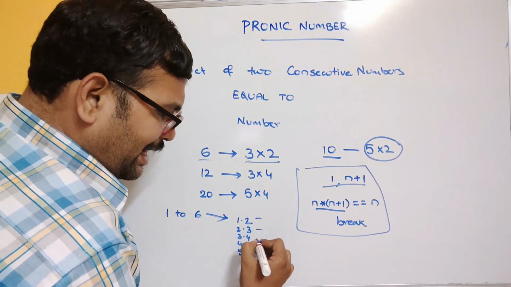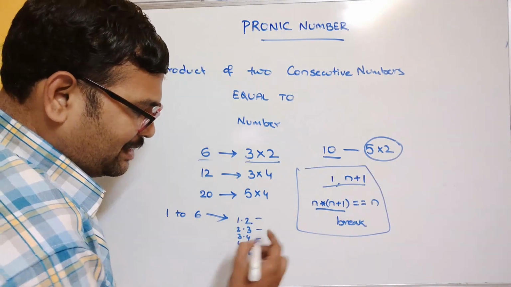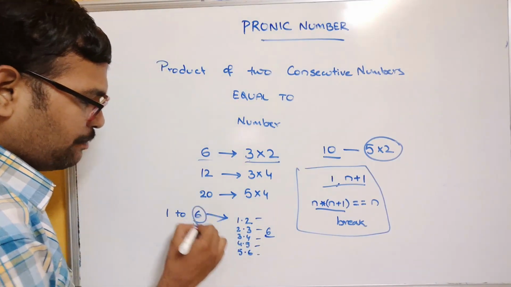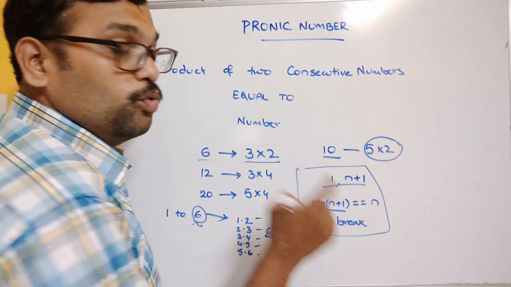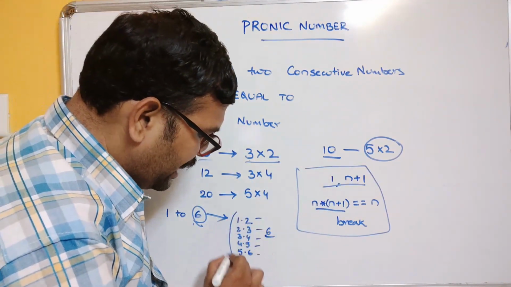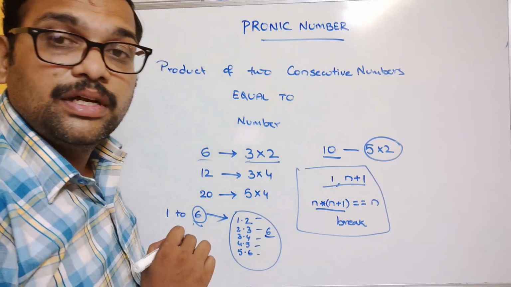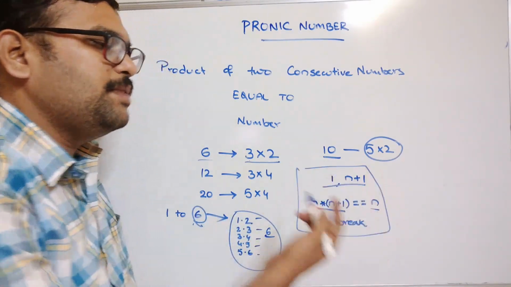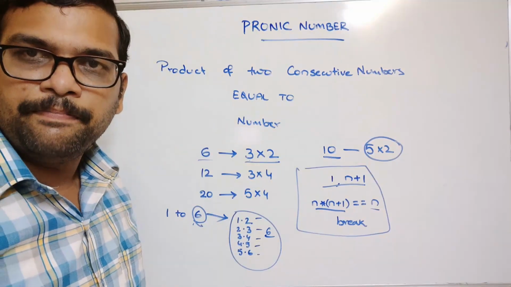So if in any case it matches, see 2 into 3, 6, this matches with this number, so automatically we'll break the loop. Otherwise, after completion of iterating all the values, if the product is still not equal to the given number, we can simply say that number is not a Pronic number, right?